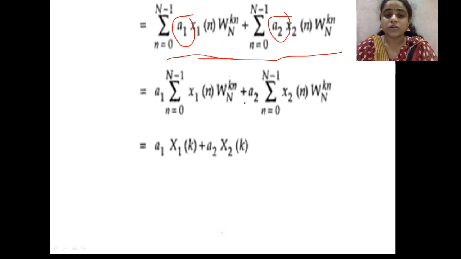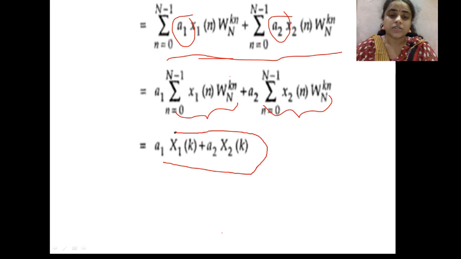We get a1 into x1 of n plus a2 into x2 of n, times omega N power kn. We know that a1 and a2 are constants, so we write them outside the summation. Then this will be the formula of X1 of k and this will be the formula of X2 of k. So finally we got the RHS, a1 into X1 of k plus a2 into X2 of k.